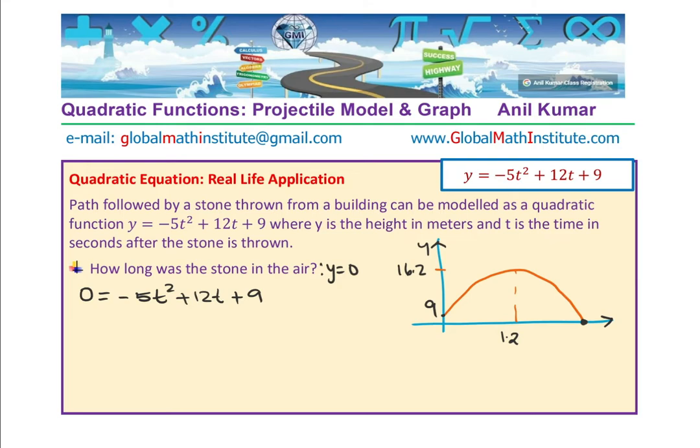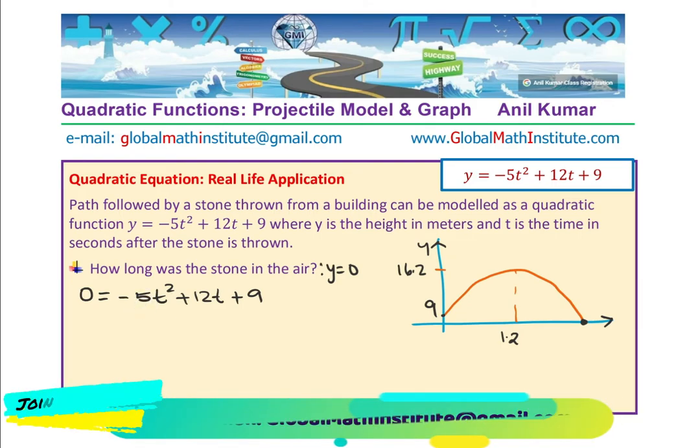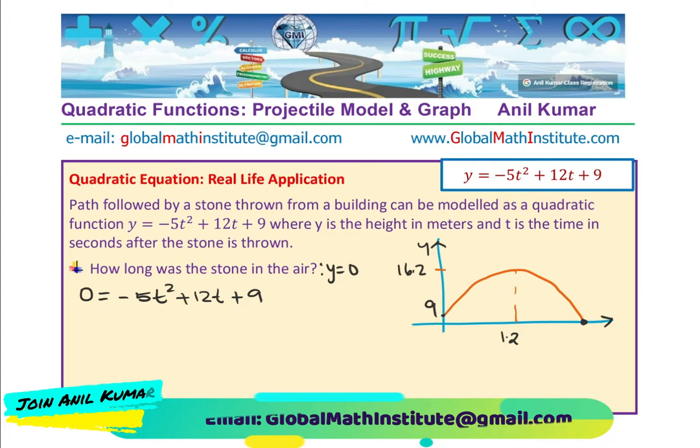So we can actually substitute these values in the quadratic formula. I always prefer to write this term with the positive value. But anyway, so we could also write this as 0 equals to 5t squared minus 12t minus 9. Does it make sense? Right? So all are positive now. Let's find t.